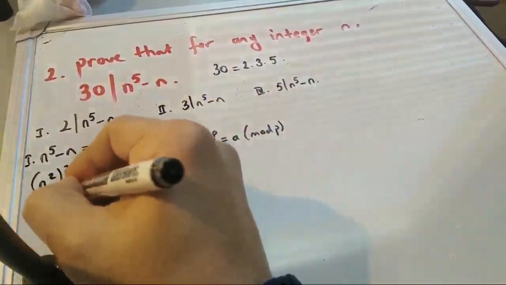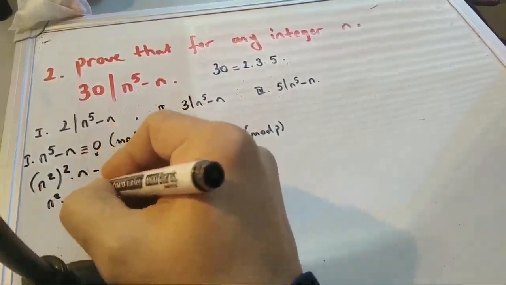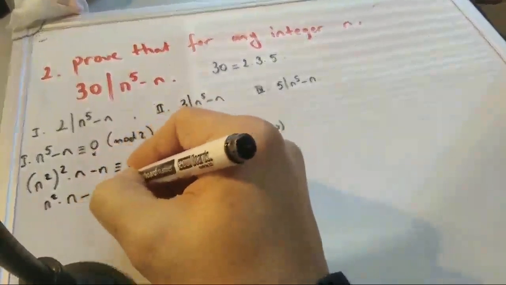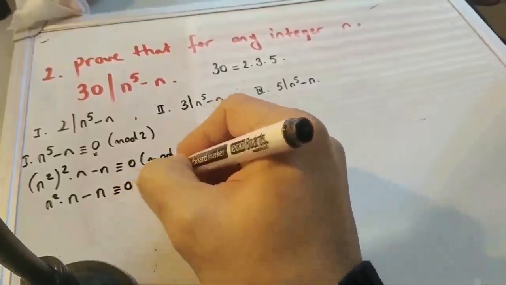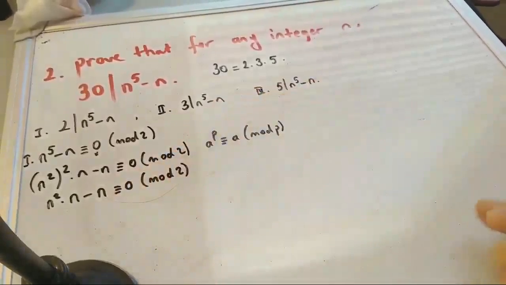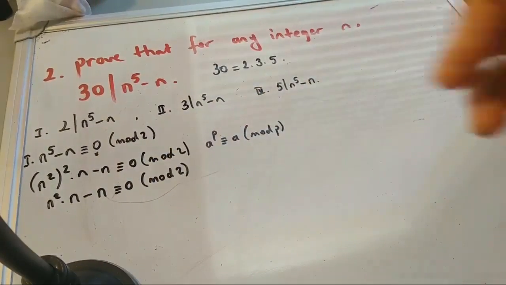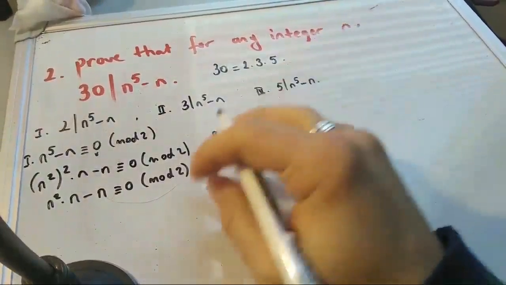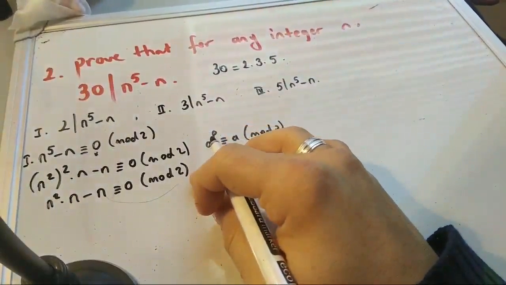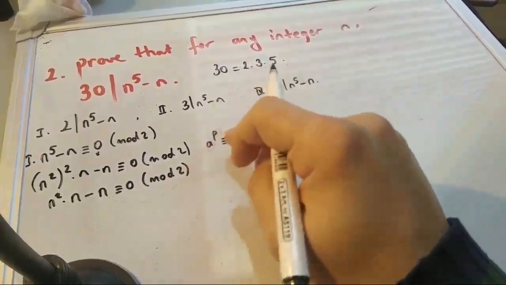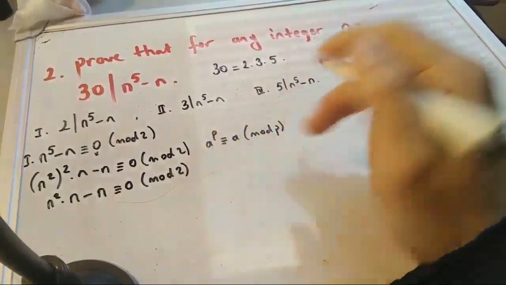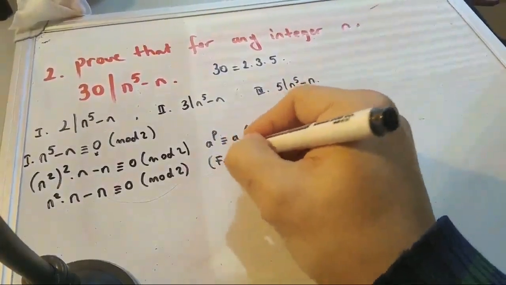So n squared times n minus n is congruent to 0 in mod 2. And in this part also we will apply Fermat's theorem: a to the power of p is congruent to a in mod p.